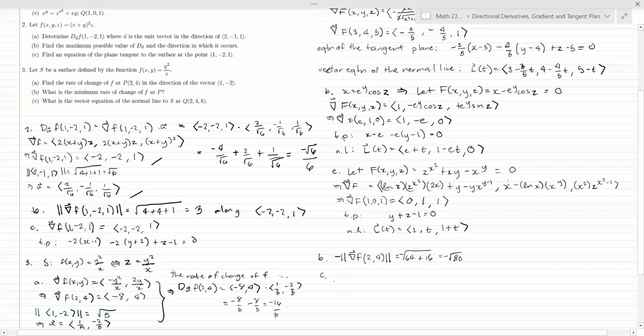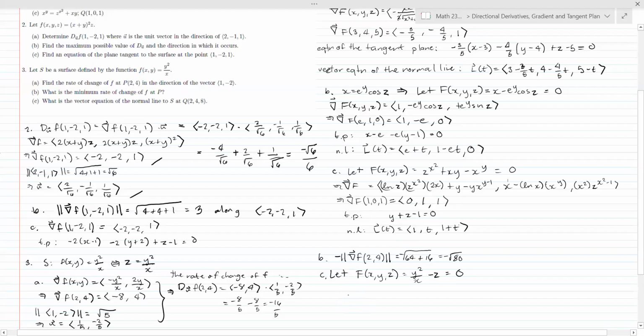Letter C, what is the vector equation of the normal line to S at Q(2, 4, 8)? So we have been discussing S as a surface. So let us say, let capital F(x, y, z) be y squared over x minus z equal to 0.